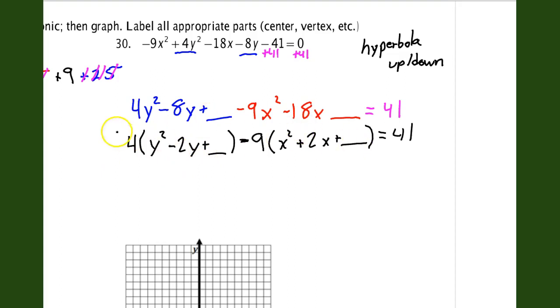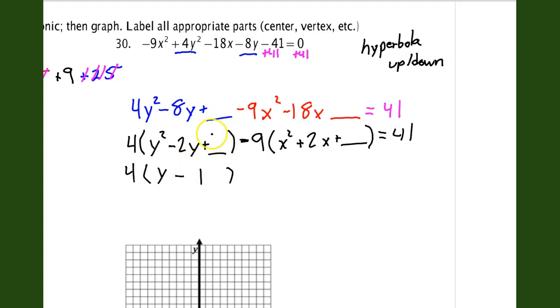With this little extra step because of the hyperbola, I took out these two GCFs. Now it's the same as the ellipse or circle. You just need to complete the square. So here we go. We'll have that 4 in front. We'll have y, half of negative 2 is negative 1.